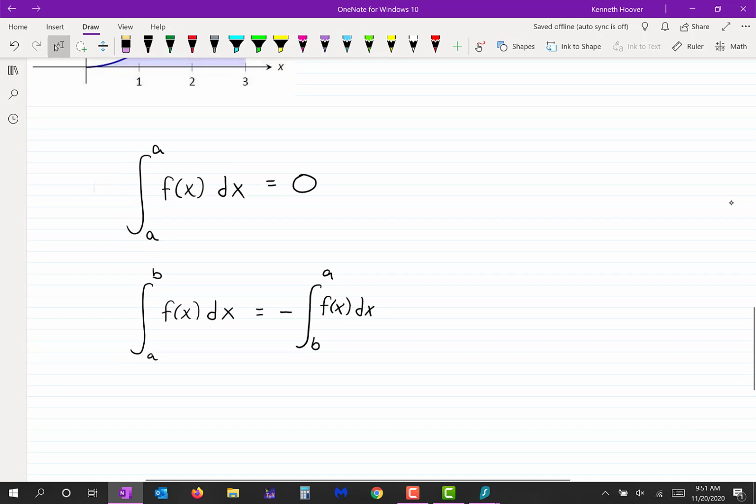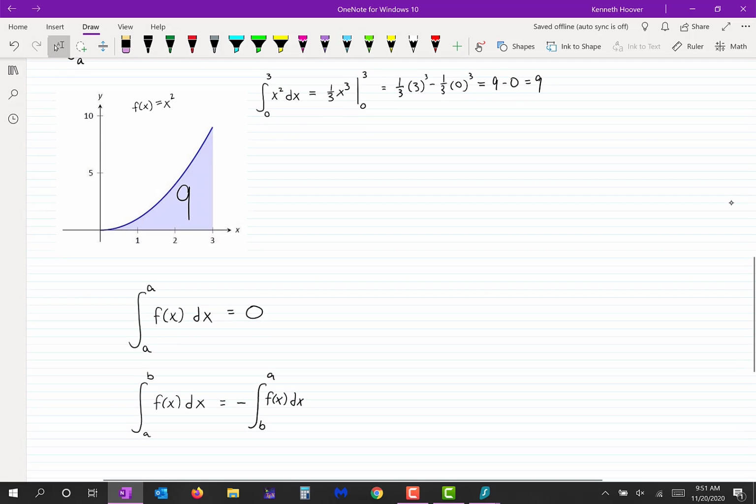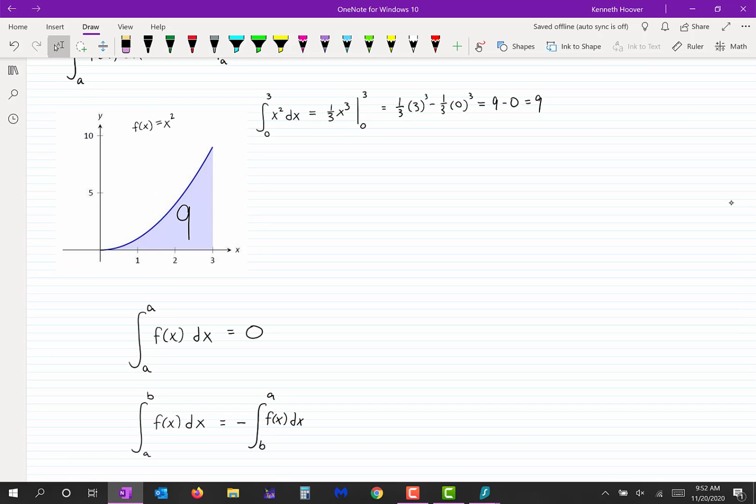So, let's go back to that problem we did a minute ago. The integral of x squared from 0 to 3 came out to equal 9, and I said there's 9 square units of area there. And that's true. I just want to point out that if we had written the integral of x squared from 3 to 0, then in that case we would have come out with an answer of negative 9.